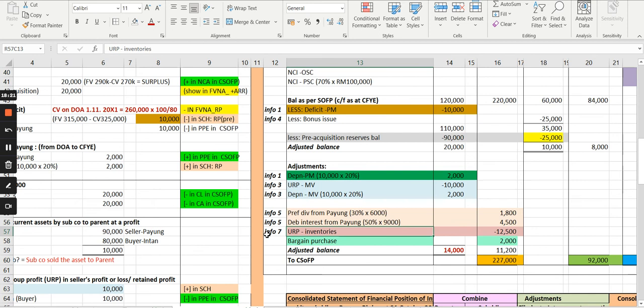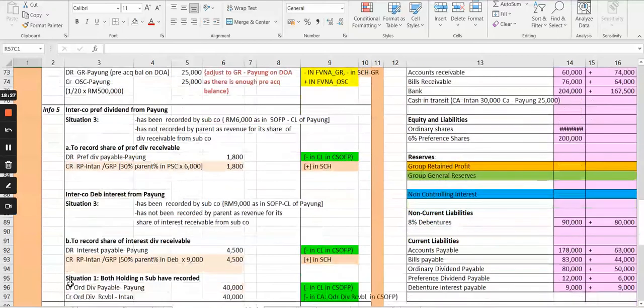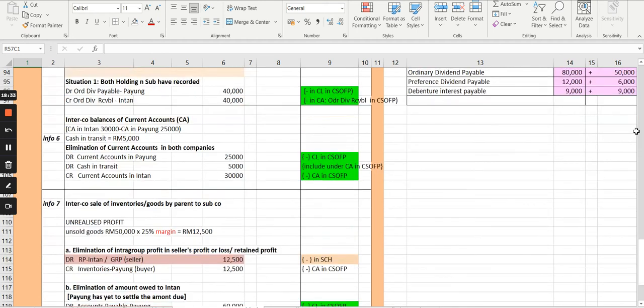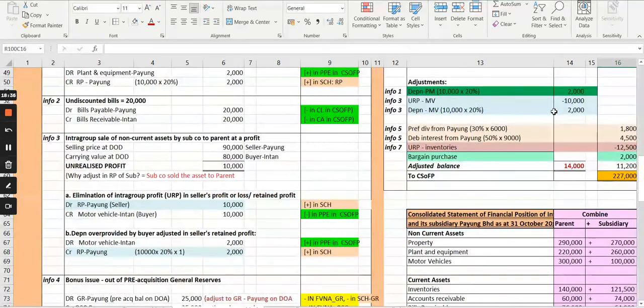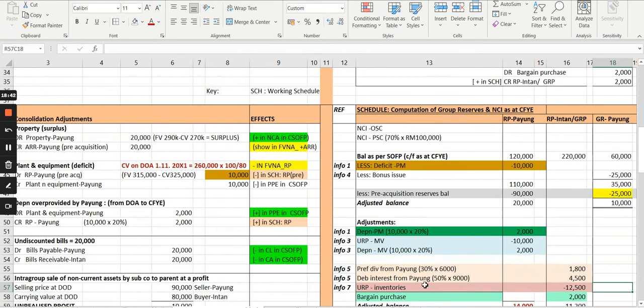Then you have the unrealized profit, information number 7. Information number 7, we have already done it before. You can check here, information number 7 on the unrealized profit, right? So let's check that. And unrealized profit on inventory was 12,500, where you are given the margin.